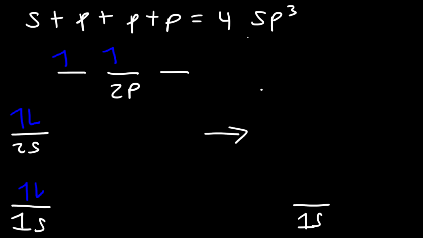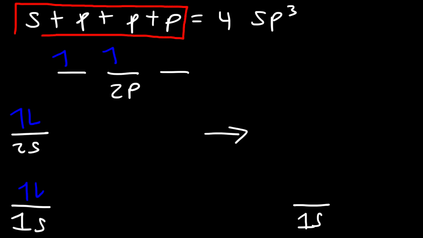Now, what should be the energy level of an sp3 orbital? Should it be close to the 2s level or to the 2p level? What would you say? Because an sp3 orbital is produced from mixing 3p orbitals and one s, it has more p character than s character.